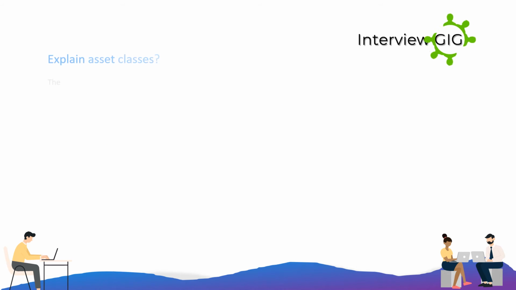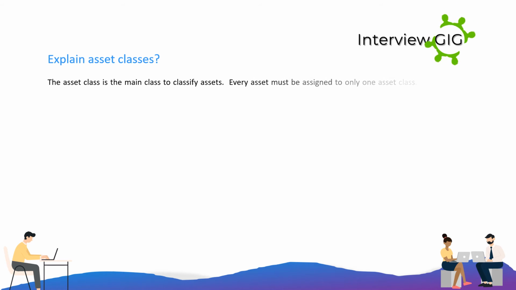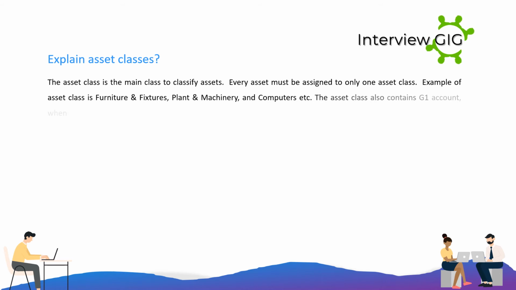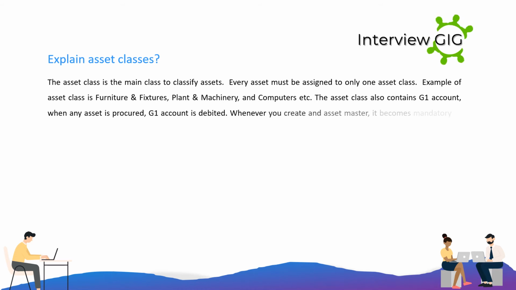Explain asset classes. The asset class is the main class to classify assets. Every asset must be assigned to only one asset class. Examples of asset classes are furniture and fixtures, plant and machinery, and computers, etc. The asset class also contains the G/L account. When any asset is procured, the G/L account is debited.